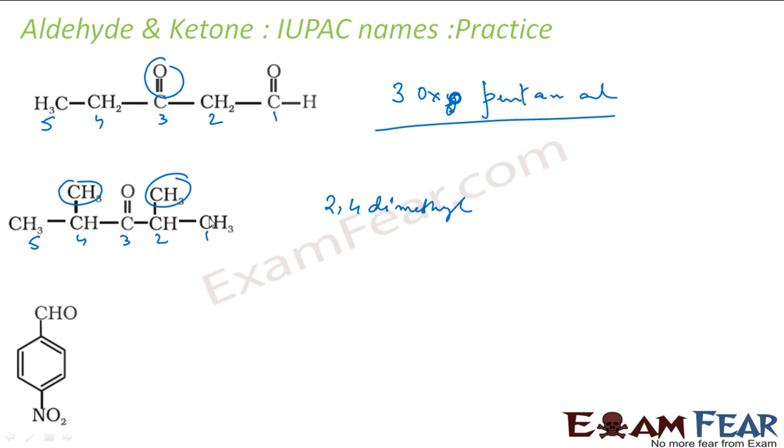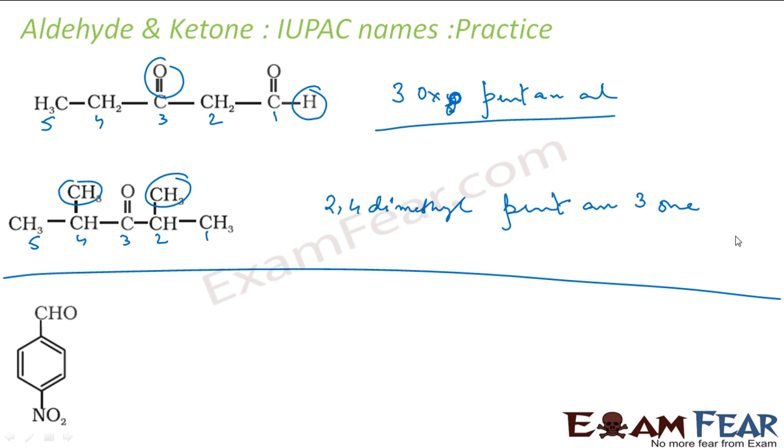And now what I'm having is my chain. The chain has 5 carbons, so it's pent, all single bond, ane. And at the 3 position I have a ketone group, right? This is ketone, 3-one. Please note the earlier one was an aldehyde because I have a hydrogen here. This is a ketone because both these sides have alkyl groups. This is a ketone.